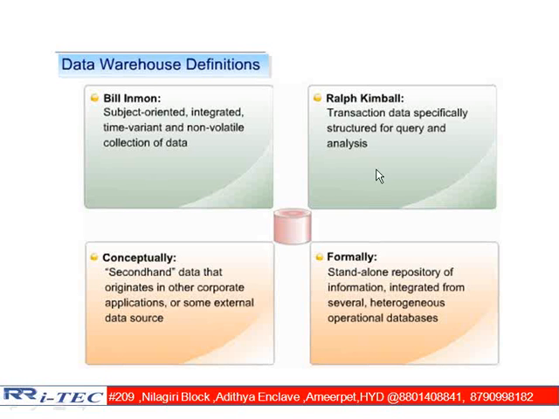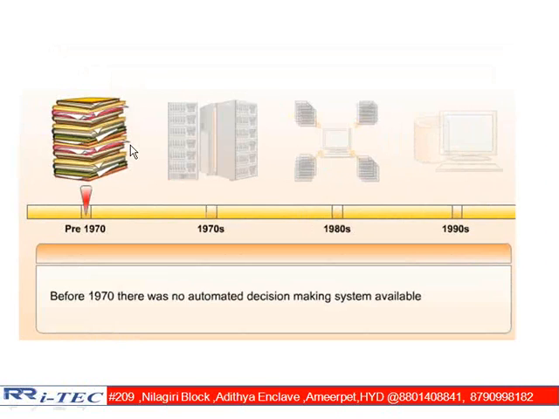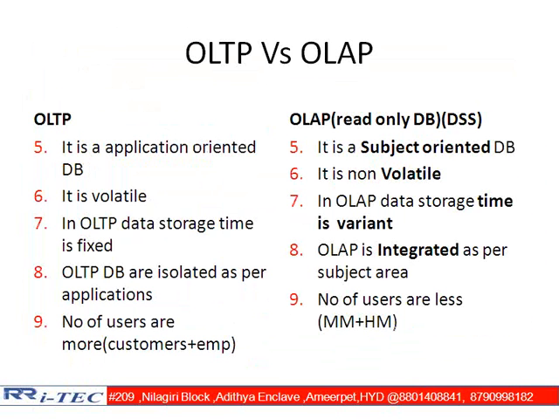First we'll go with Bill Inmon. Yesterday, while defining OLTP versus OLAP, we underlined some points. An OLAP database is a subject-oriented database. It is a non-volatile database. It is a time-variant database. Next, it is an integrated database. These 4 properties we understood yesterday.